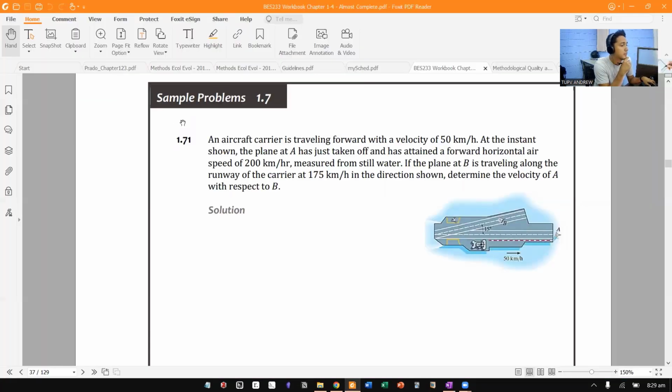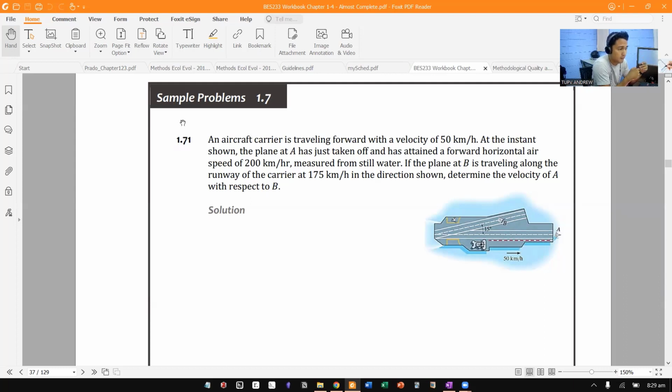Next, at the instant shown, the plane at A has just taken off and has attained a forward horizontal airspeed of 200 km per hour. That is the speed of plane A, but plane A is leaving the aircraft carrier, which has a forward velocity of 50 km per hour. The 200 km per hour is measured from still water.